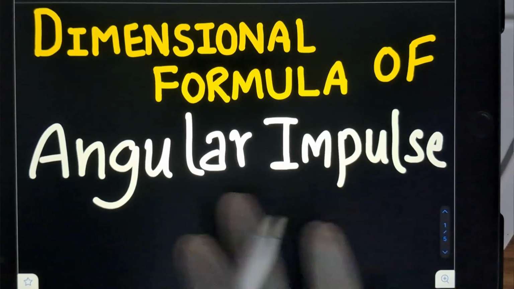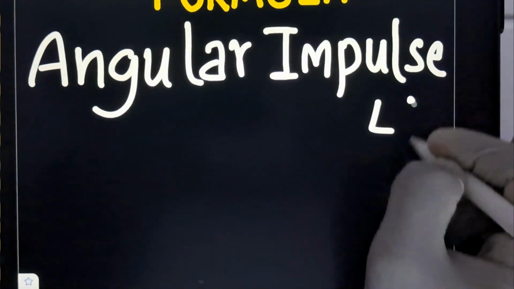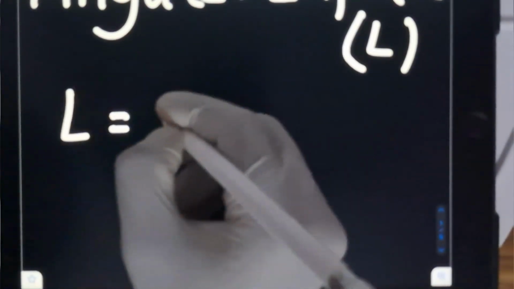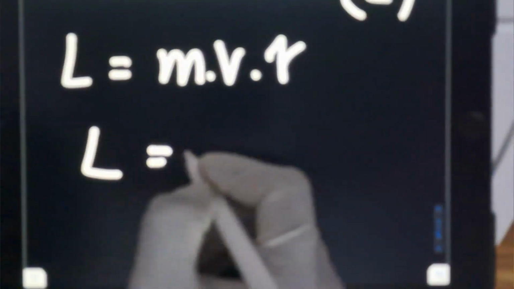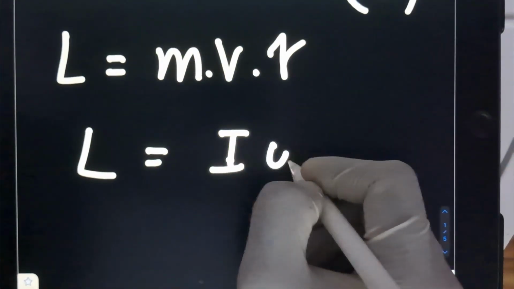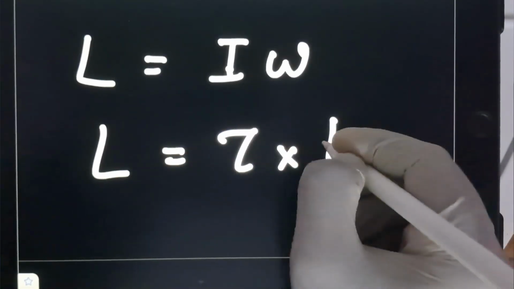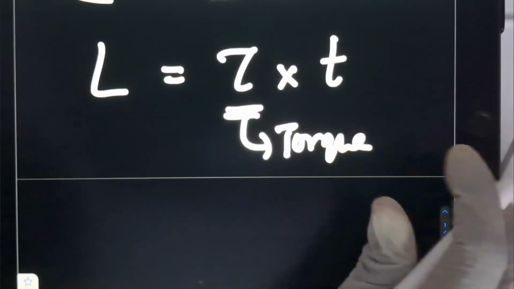To find the dimensional formula of angular impulse, and here angular impulse is denoted by L. Now let's see the formulas we know. L is equal to mvr, mass into velocity into radius. L is equal to I omega and L is equal to torque tau into t. This symbol represents torque.